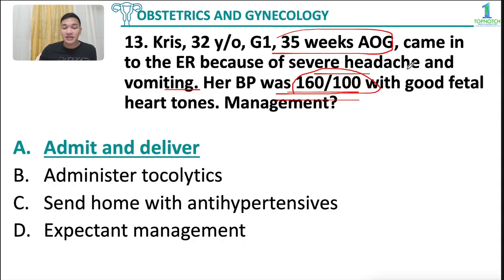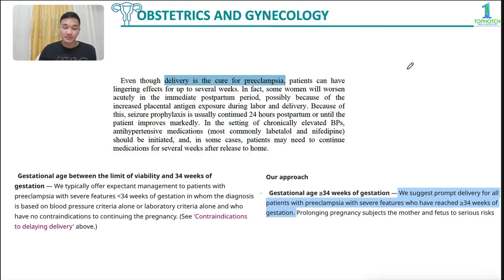So ano ang treatment for preeclampsia with severe features? Delivery. Okay? Kasi delivery is the cure for preeclampsia. So it differs kung may preeclampsia with severe features siya na it differs yung management, whether kung yung patient ay more than equal 34 weeks of gestation or less than 34 weeks of gestation.